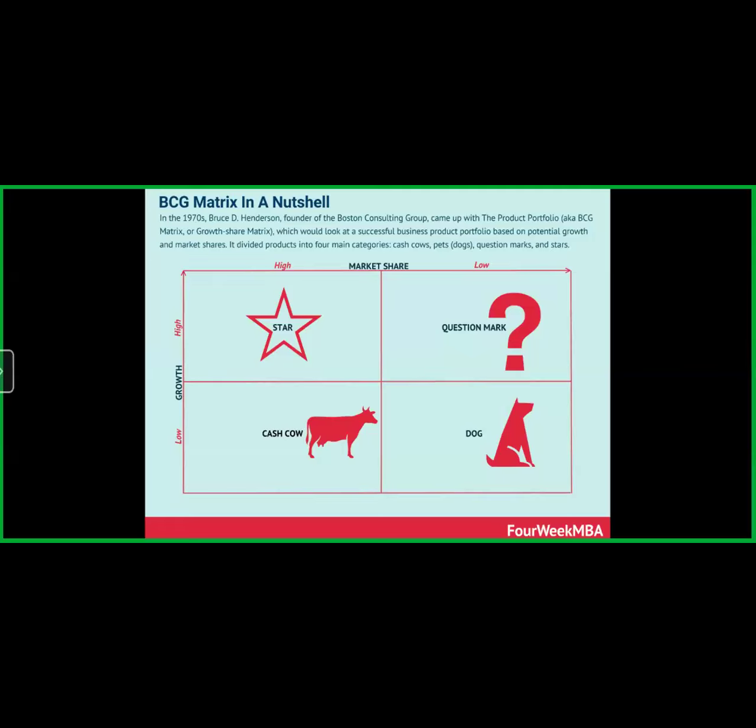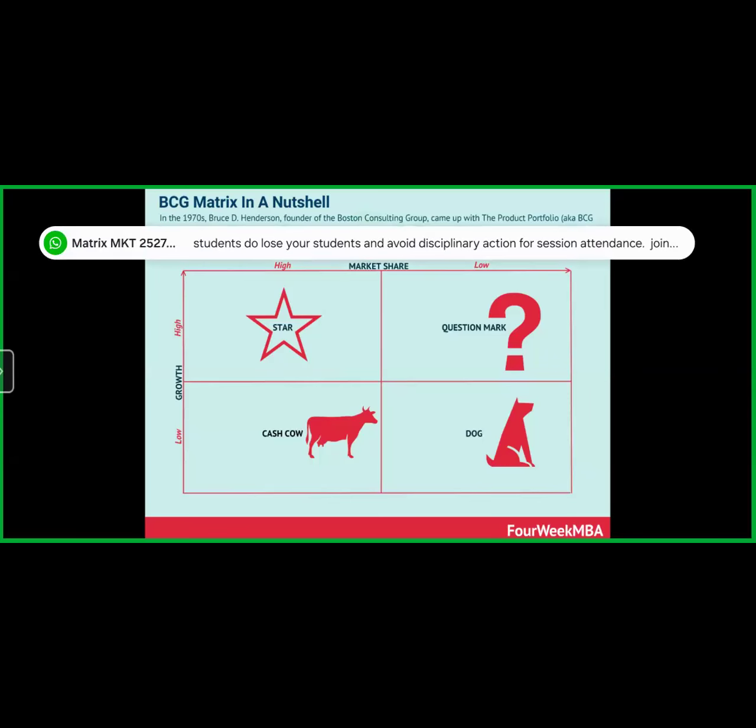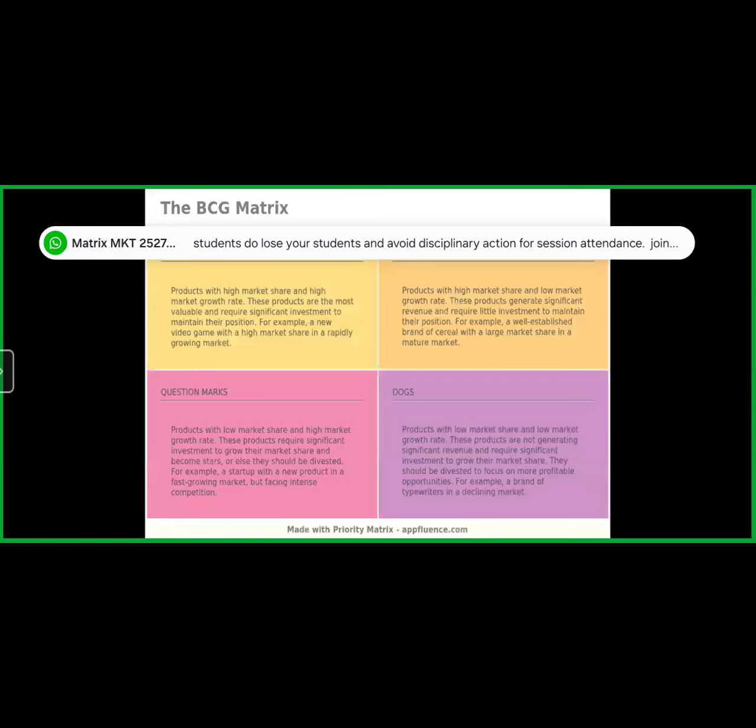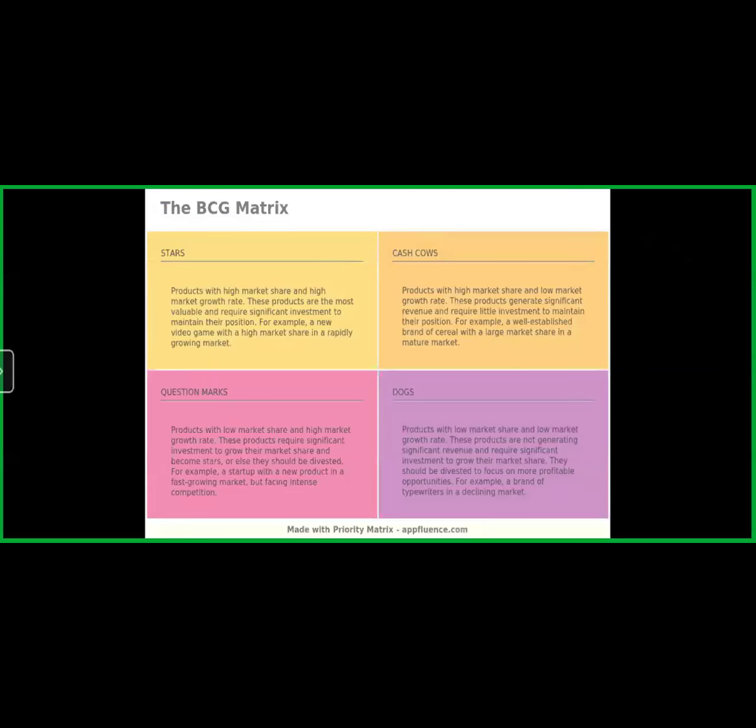For the cash cow also, left hand side out of the box low is written, and nothing is written under dog. Now what these four quadrants indicate, one by one we will be discussing in detail. So first we will start with stars.